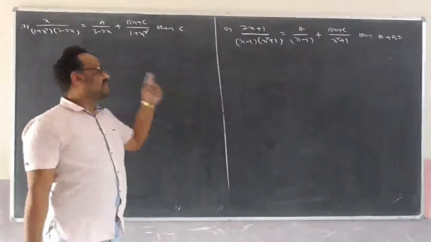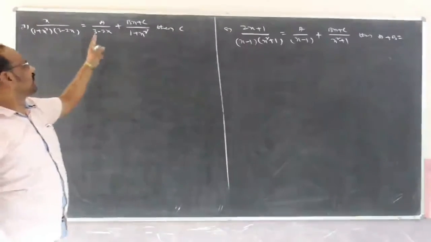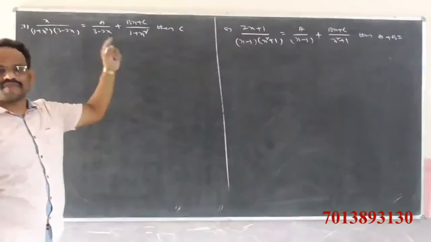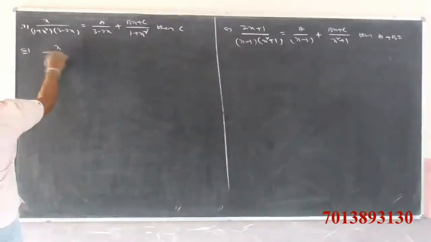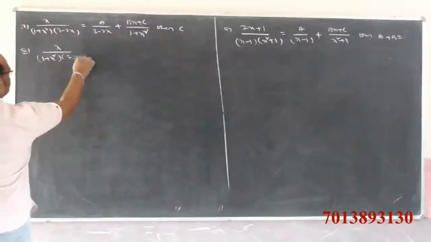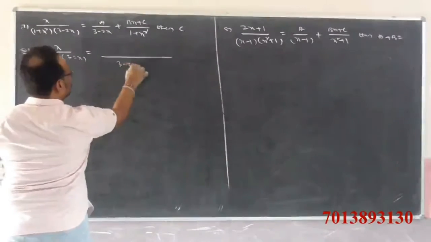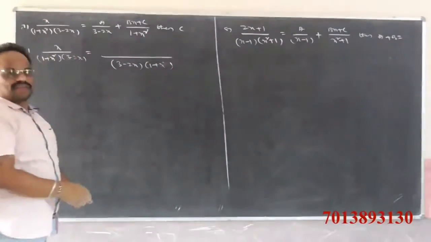The third problem. x by (1 plus x square) into (3 minus 2x) is equal to a by (3 minus 2x) plus (bx plus c) by (1 plus x square). Find the value of c. So clearly, if you rearrange here, we get (3 minus 2x) into (1 plus x square) as a result.